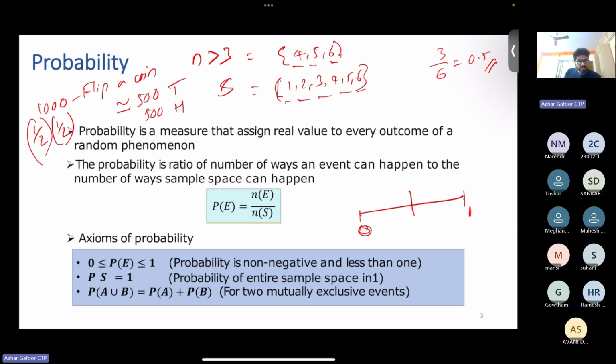So my event is 0.5, and we have only one element in that case. But if you look at the sample space of this line, we cannot really estimate the number of elements in it. Why? Because this is a real number line, so there can be an infinite number of positions where I can cut.